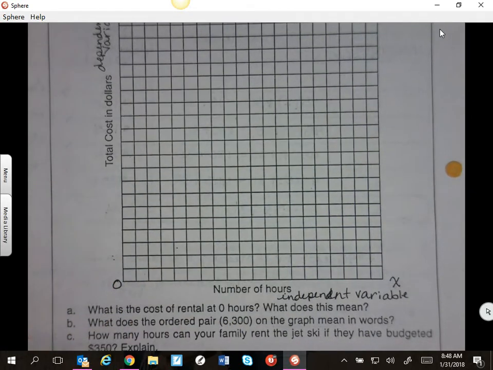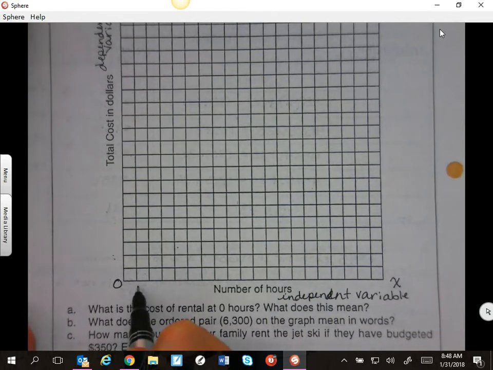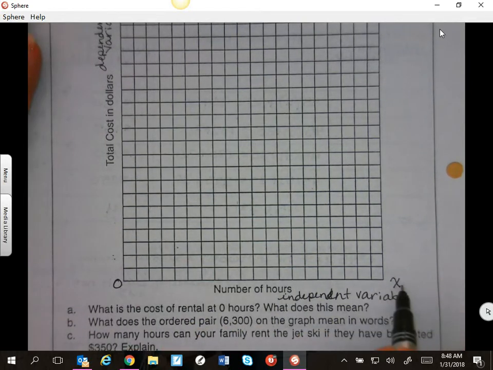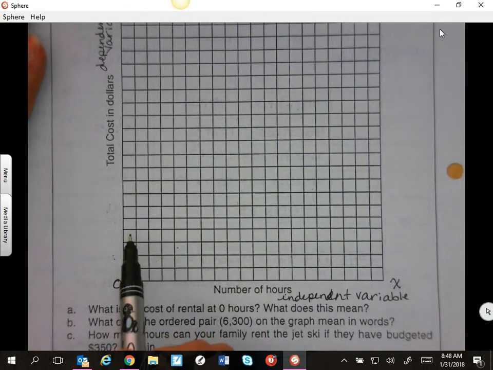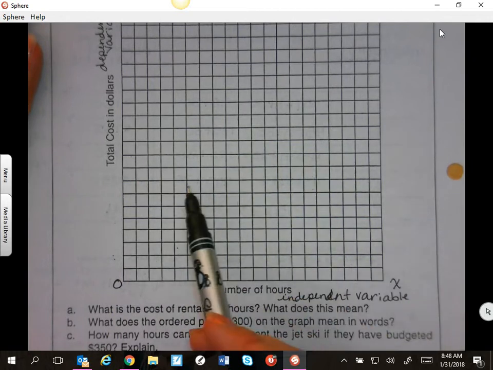Now, there is not a scale on the X or the Y axis, so we're going to need to come up with one. Our hours we're counting by ones, so it makes sense for us to count by ones here. Our dollars, we were adding 30 each time, and we were timesing by 45.